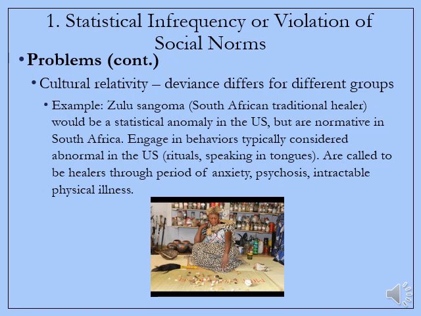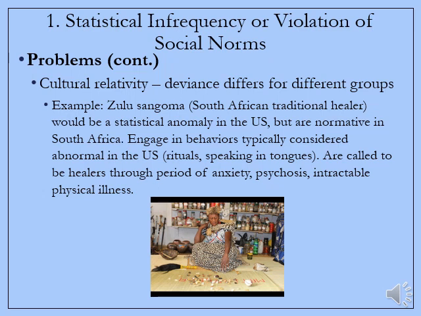For example, in South Africa, there's a tribe of people called the Zulu, and their traditional healers are Sangomas. If a Zulu Sangoma was in the US and was behaving in a normal fashion for a Zulu Sangoma, they would be considered a statistical anomaly. They would be violating social norms.